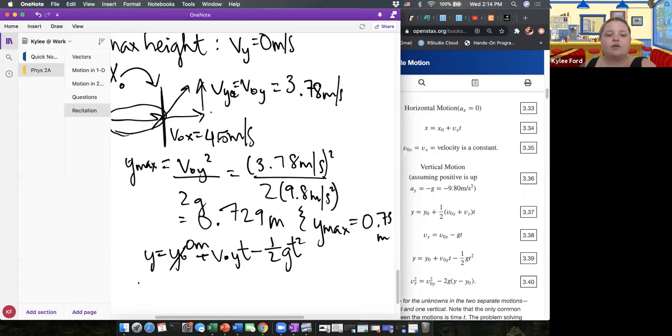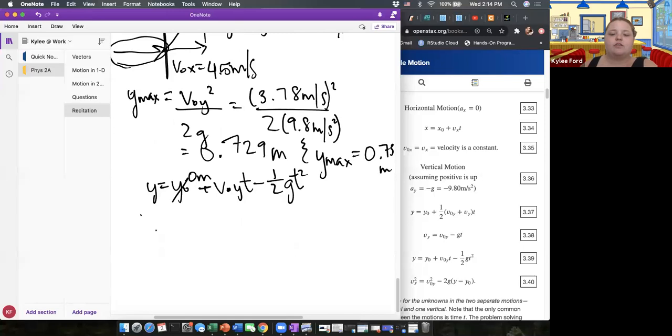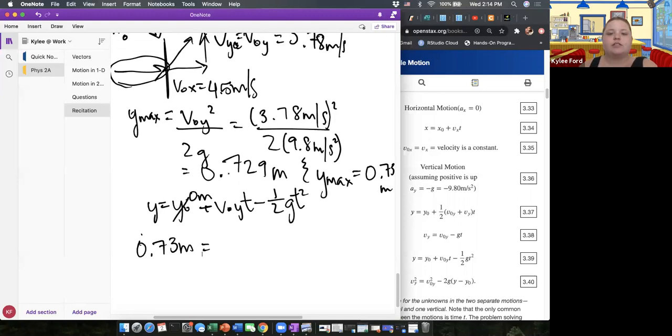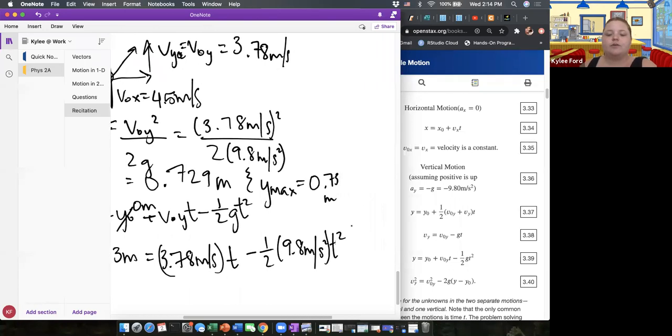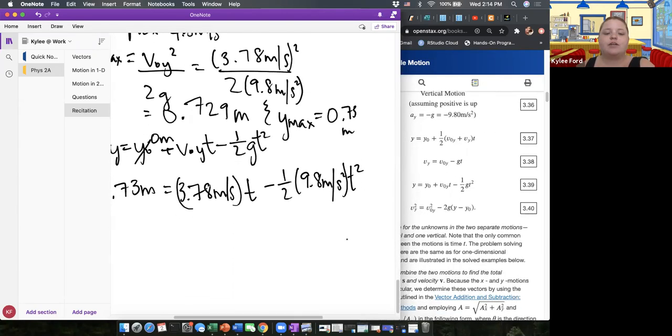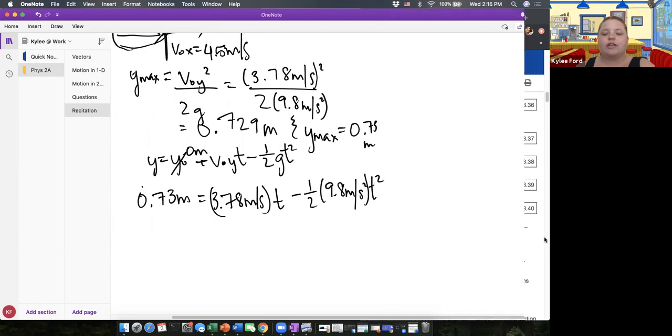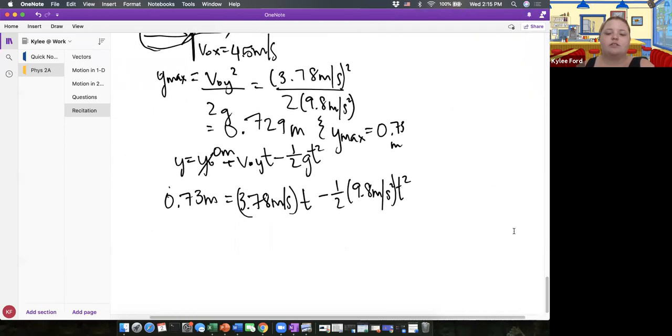Our v naught y we have up here. Okay, and then we're solving for time. So let me plug in my numbers. I have 0.73 meters equals v naught y, which is 3.78 meters per second. We have some time that we don't know, minus 1/2 9.8 meters per second squared times t squared.